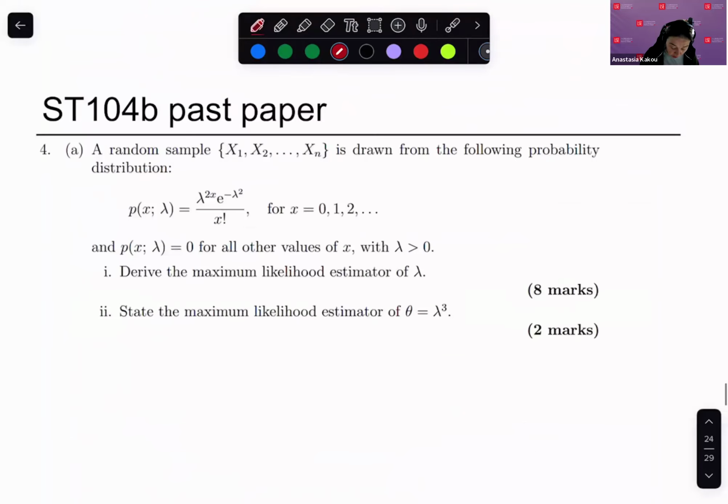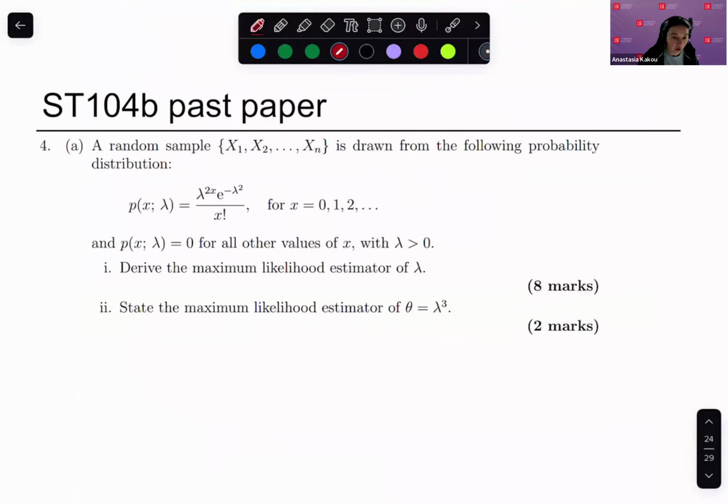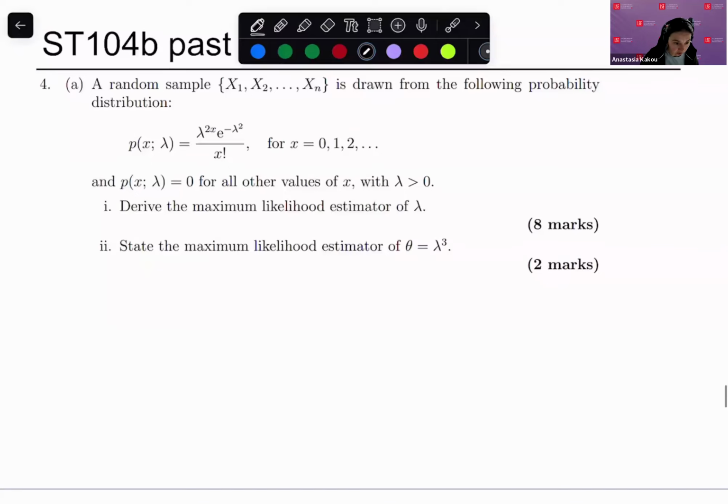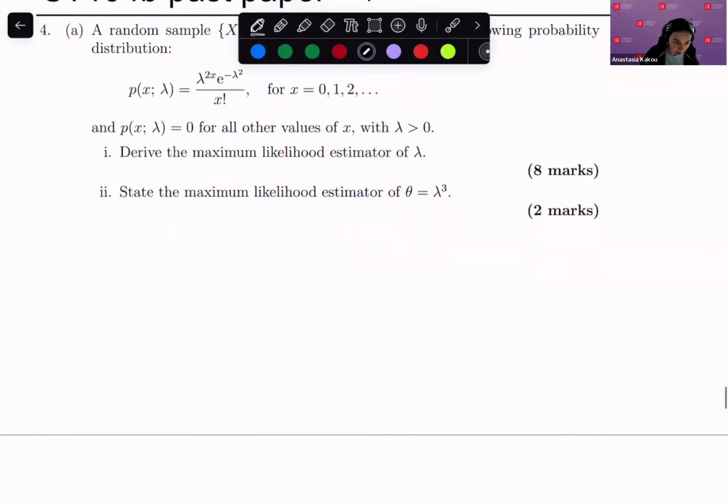Okay, another example of maximum likelihood estimator, which is the more conventional one. You're given a distribution where the support does not have the parameter you're trying to estimate, and you need to derive the estimator for lambda here.